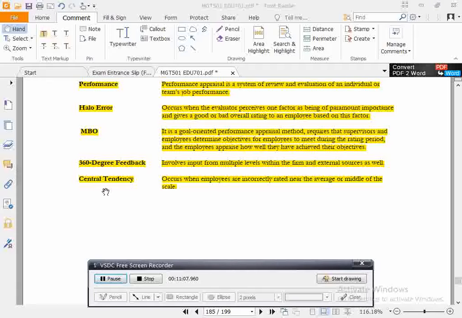Central tendency occurs when employees are incorrectly rated near the average and middle of the scale.